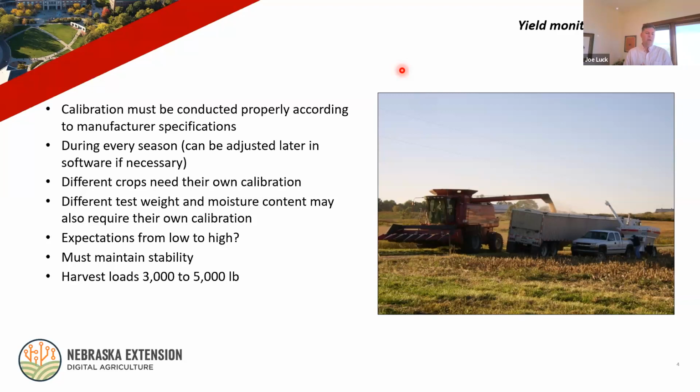One of the things that makes the most difference in terms of yield data quality from a calibration point is, we'll talk in just a second about how to generate that calibration, but really the thing to think about is, what do you think the lowest flow through the machine is going to look like? Not the extreme low, but for instance, if you had down corn, you're going to be driving much slower through that field.